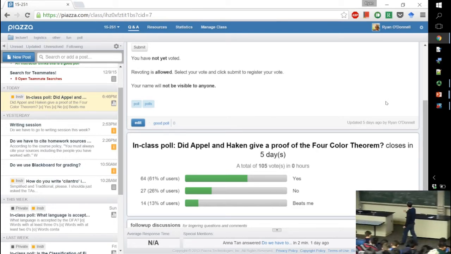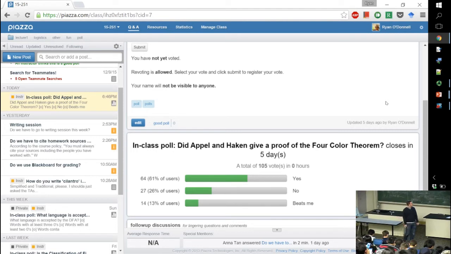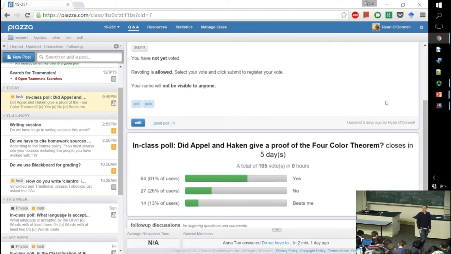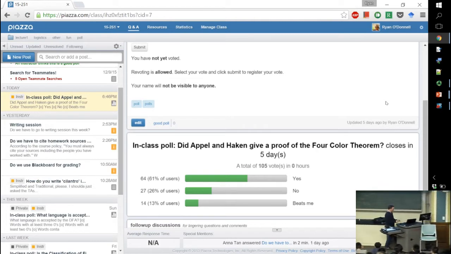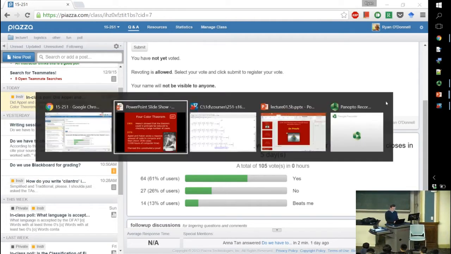So it's a pretty good spread. 60% say yes, and 40% say either no or I don't know. Actually, I don't know is pretty reasonable because you didn't know a lot of things about the situation. But it's a very good question, I think. I think it's reasonable to answer it either way.